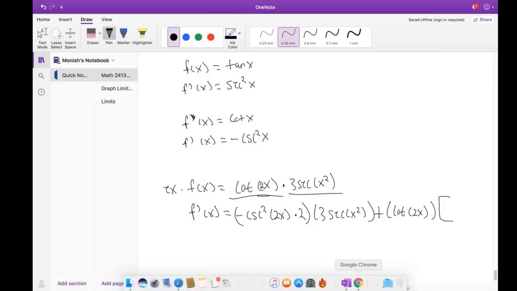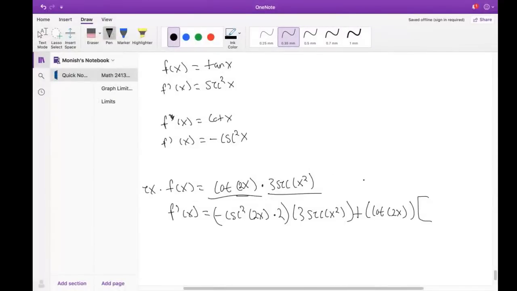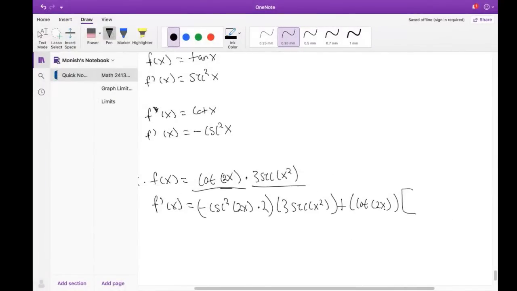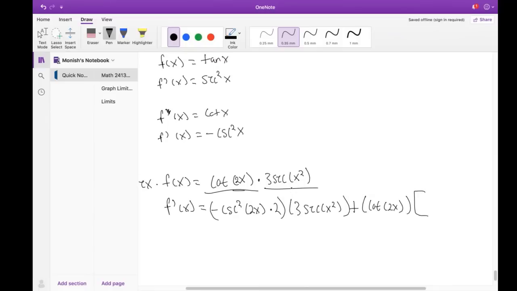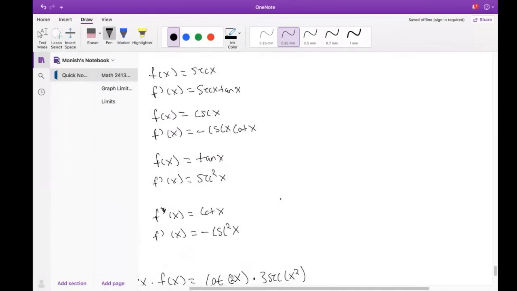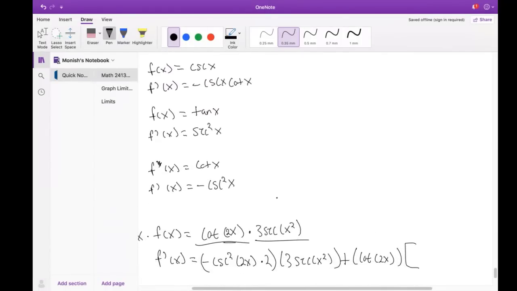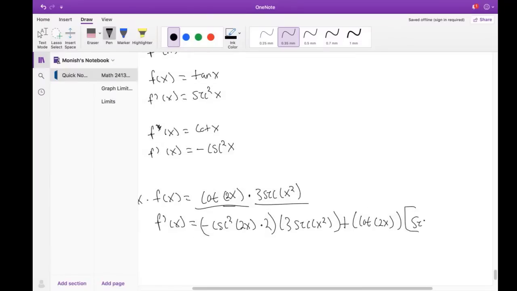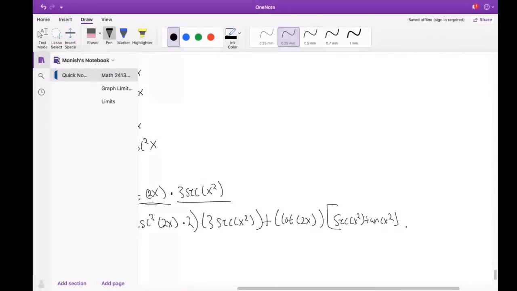And then I kept the 3 secant x squared constant, and now I'm leaving the cotangent of 2x constant, and I need to take the derivative of 3 secant x squared. So the derivative of secant, remember, is secant x tangent x, and then you have to take the derivative of the inner function, so times 2x, and then we already had a 3 that I just forgot to include, so 3 is there also.